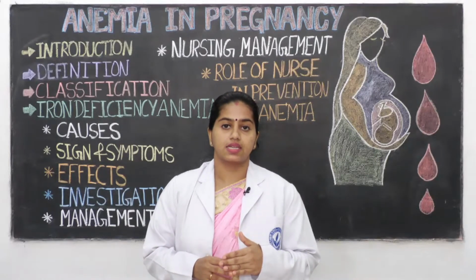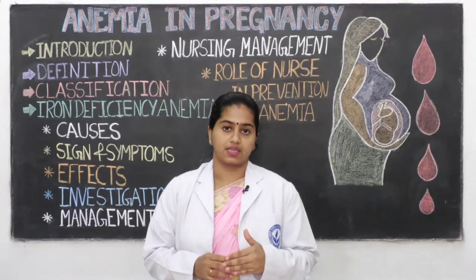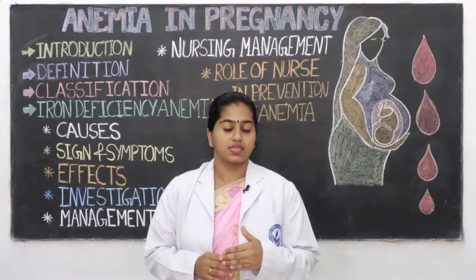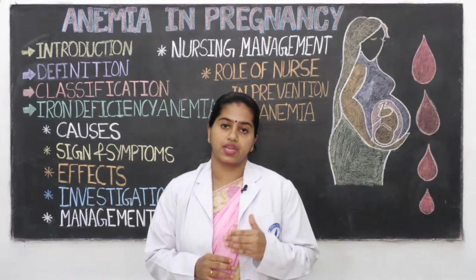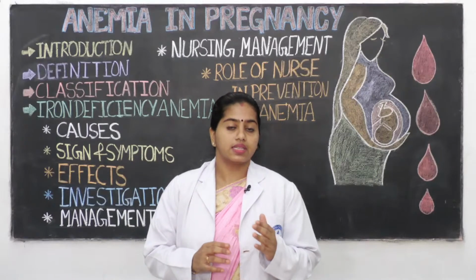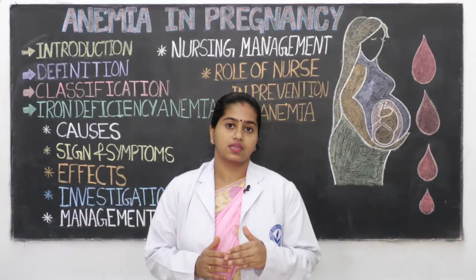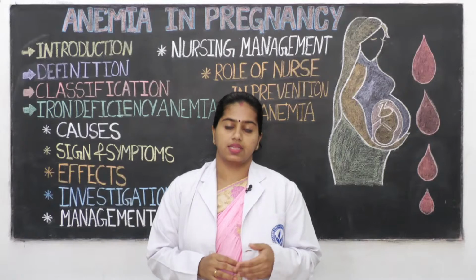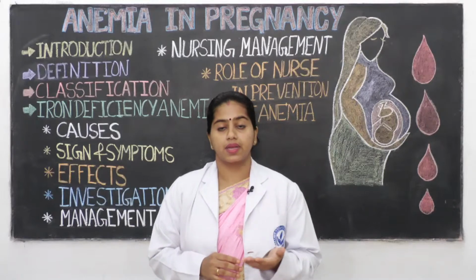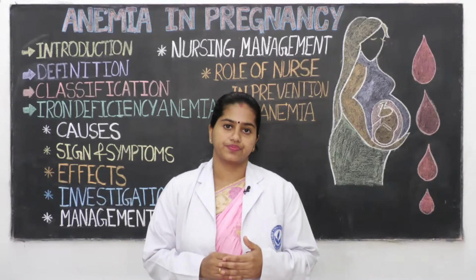Abruptio placenta is the premature separation of the placenta. Placenta previa is when the placenta is situated in the lower part of the uterus. In these two placental causes, she can get hemorrhage during pregnancy. Due to the hemorrhage, she has blood loss and becomes anemic.